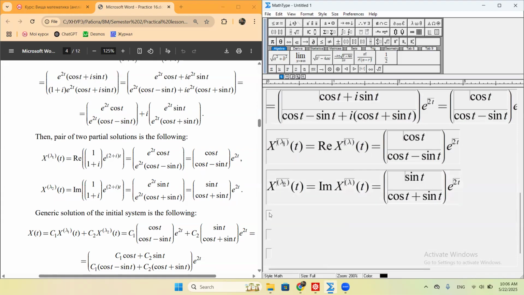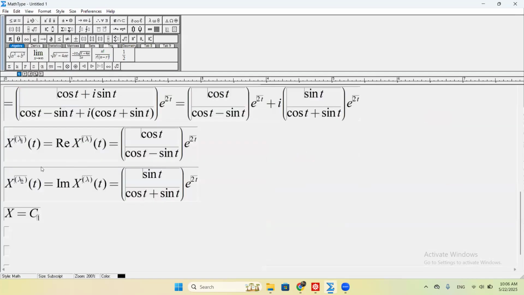And the final answer will be the sum of these x: C1 x lambda 1 plus C2 x lambda 2.